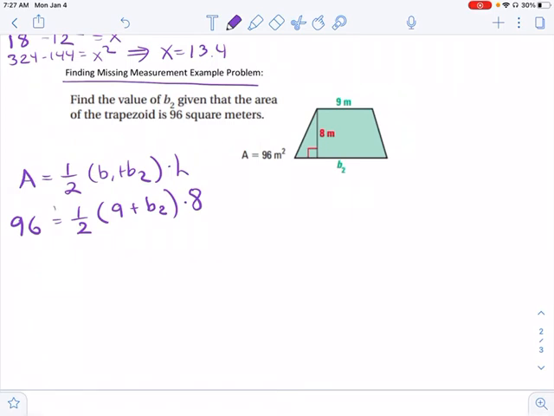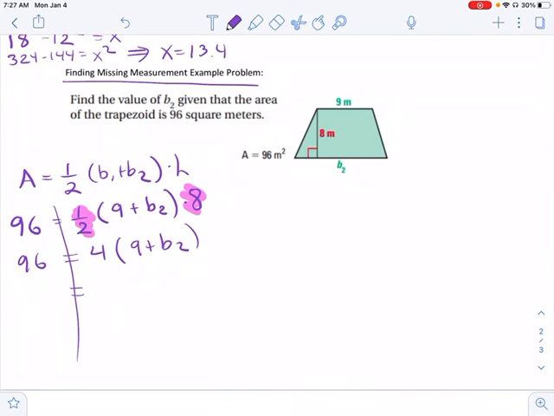So if I'm tasked with solving this equation, there are a number of different ways that I can do it. I might go with saying, okay, 96 equals a half times 8. So a half times 8 is going to give me 4. So this is now 4 times 9 plus b2. And some folks might distribute that 4 at this point in time, which is totally fine to do.